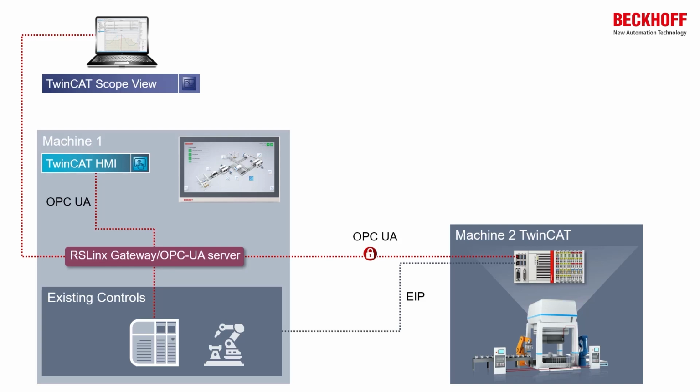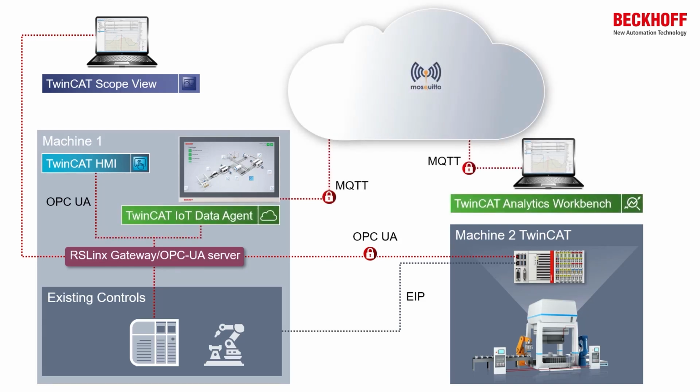Well, one is, what about being able to do remote analytics or look at the data live to do remote maintenance or remote troubleshooting via the cloud or via your internal infrastructure using MQTT.